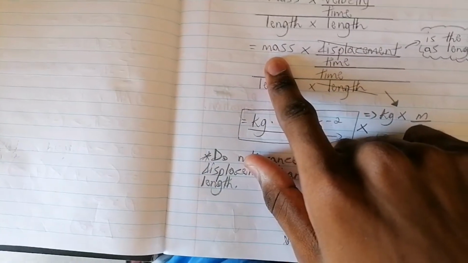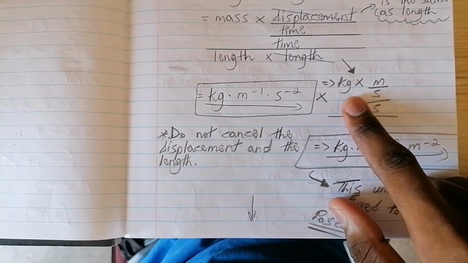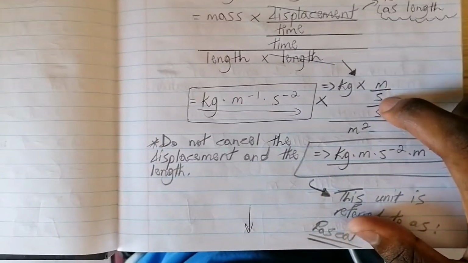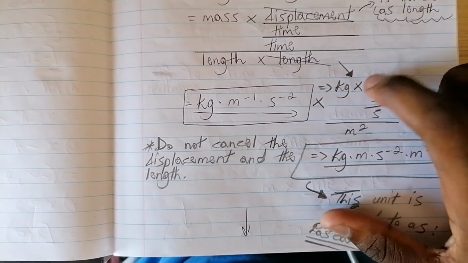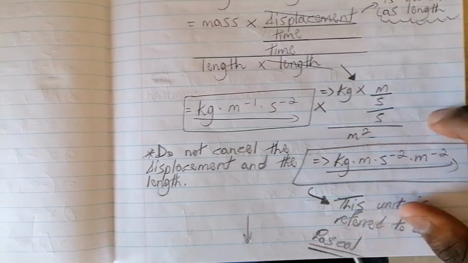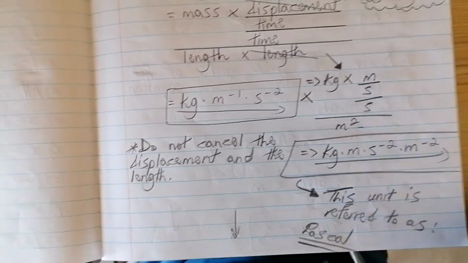We know that mass has an SI unit of kilograms, displacement meter, time second, another time again second. So it's kilograms multiplied by meters divided by second, all divided by meter squared. Okay, m squared.